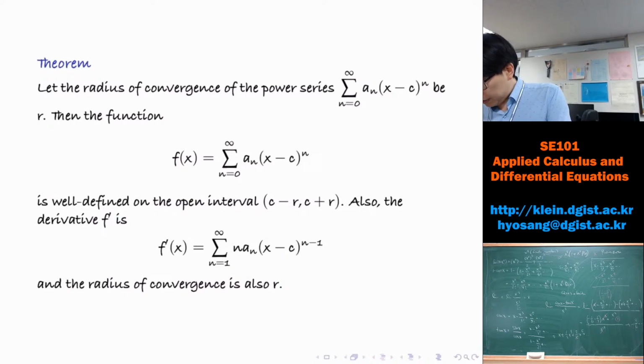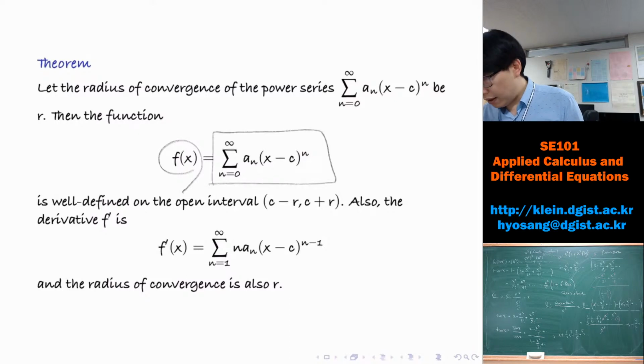Okay, so the theorem says if the radius of convergence of a power series is given as R, then let's define a function f of x whose value is defined to be the limit of this power series. So I'm not starting from the function, and I'm not talking about the Taylor series. I'm starting with the power series, which is arbitrary coefficients a_n times some powers.